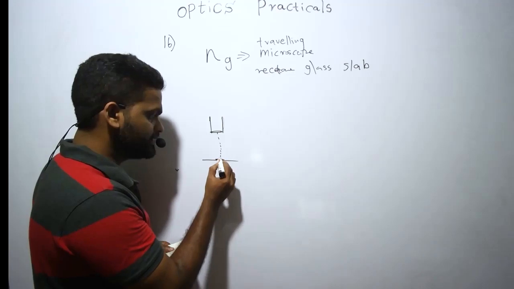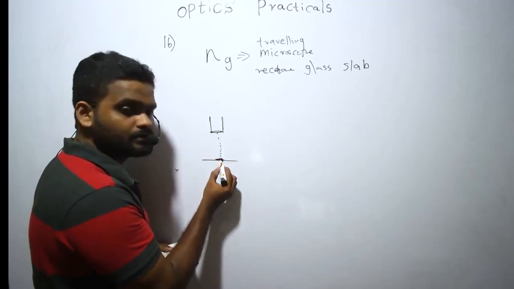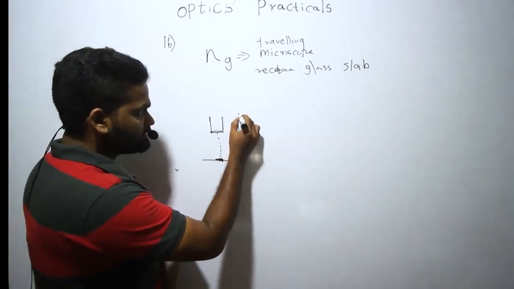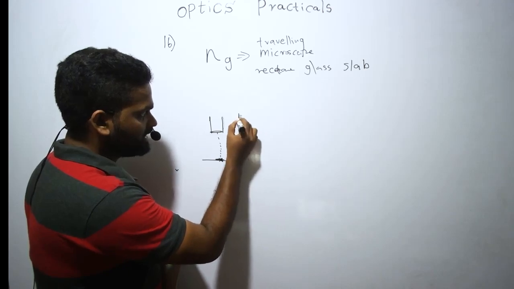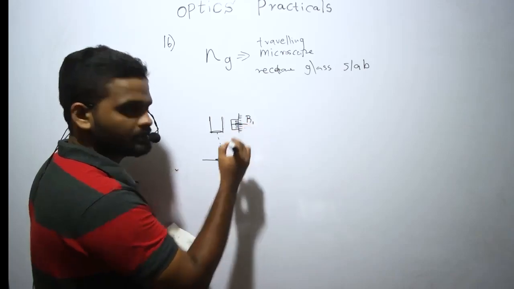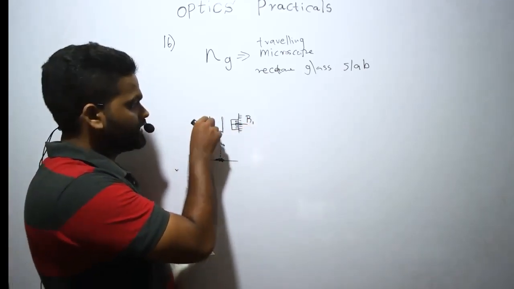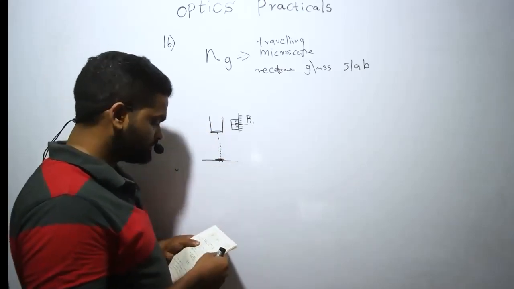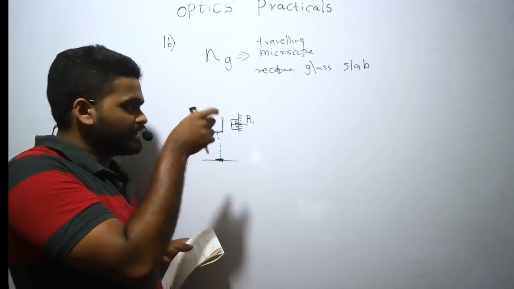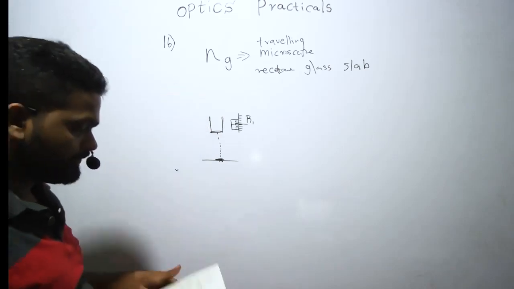You can focus the cross mark from the traveling microscope. The traveling microscope has a main scale and a vernier scale. From the vernier scale, you can get the reading. Let's say R1. So this is the lowest point, right? Okay. Then using the screw at the side, by rotating that, you can lift the whole microscope, right?